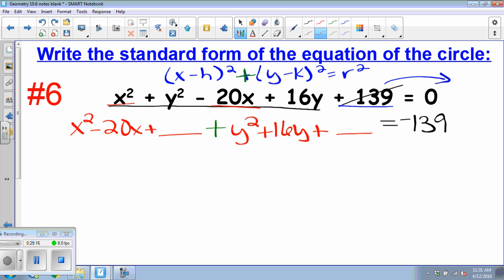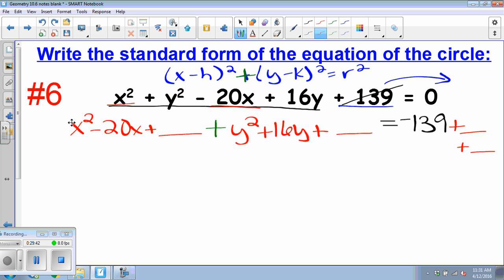Add blank and blank to the right, correct? So, plus blank plus blank. I ran out of room, but that's okay. We need 2 blanks? Yeah, because if I add something here, I'm going to have to add it there. And then when I add something here, I have to add it there. Got to keep it equal and balanced.